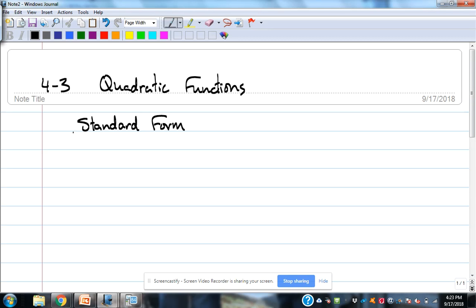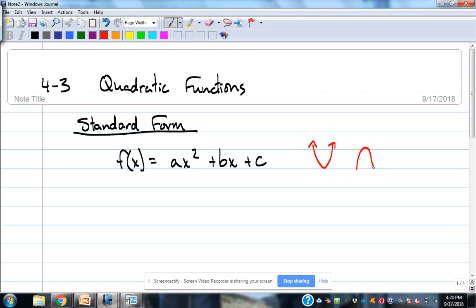Standard form for a quadratic function is f of x equals ax squared plus bx plus c. A quadratic function graphs in this shape. Those are parabolas, or what they're called.